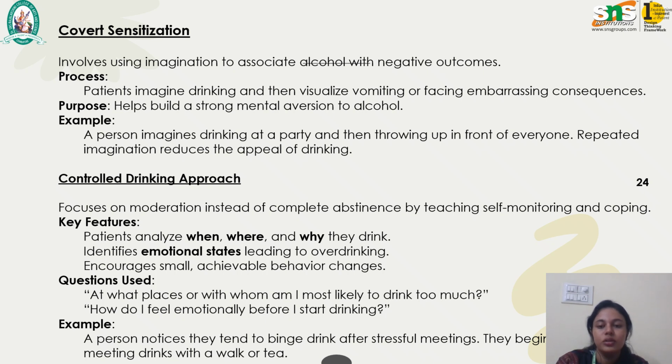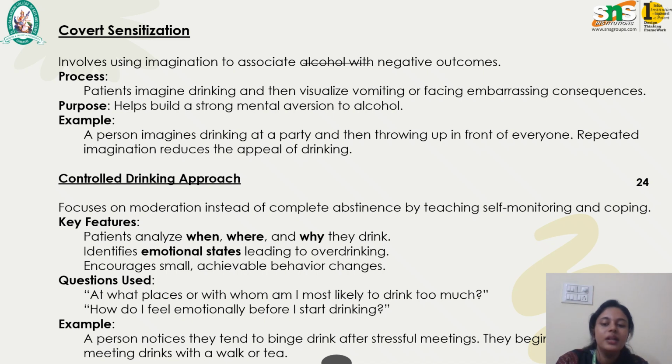The next one is the controlled drinking approach. It focuses on moderation instead of complete abstinence by teaching self-monitoring and coping habits. We can't tell anyone to cut off their alcohol habit or some other addiction habit immediately. That is not even possible.